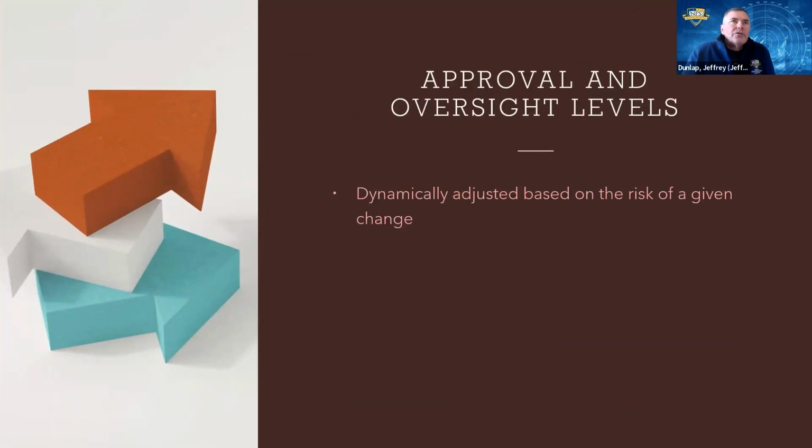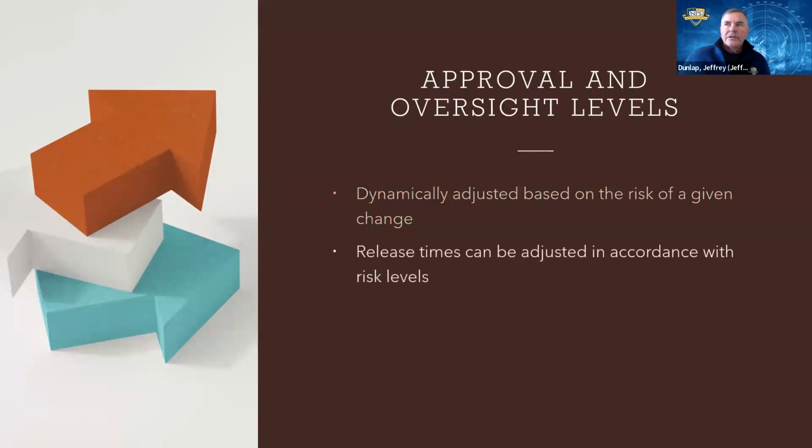So approval and oversight levels, this is that process discussion of how do we dynamically adjust this whole process given a certain amount of risk of the change. How do we make a decision that we can deliver continuously to the user because it's a low risk event, it's not going to cause a lot of problems, and then we can adjust the release times according to risk level.